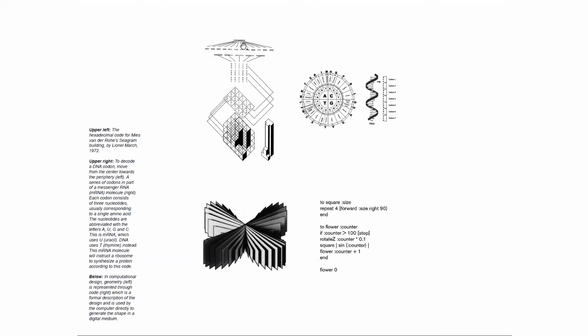You can use a hexadecimal code to represent a small 3D voxel canvas, and he used this to represent the model of the Seagram Building by Mies van der Rohe. So in a way, you have a hexadecimal code which translates directly to a volumetric model. Of course, nature also uses information encoding, so DNA is nothing else but a code.